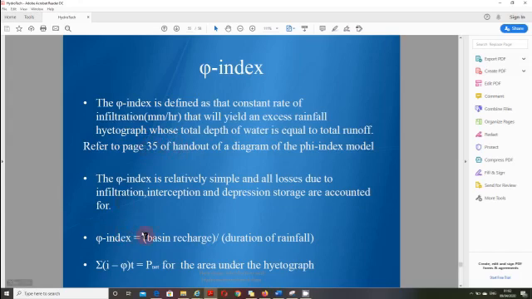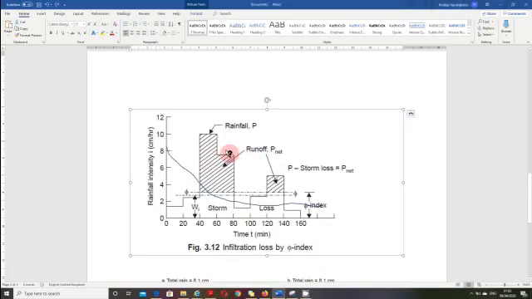But by and large, the phi index is defined as basin recharge over duration of rainfall. The phi index in itself can be analyzed as infiltration. Infiltration minus the phi index gives you the P net. The P net is the precipitation net, which is this area under the curve.